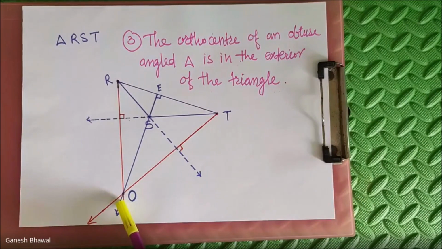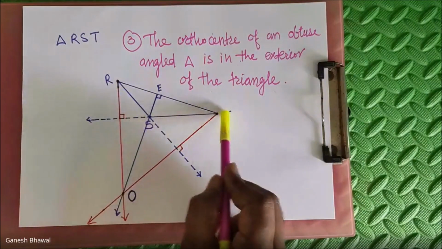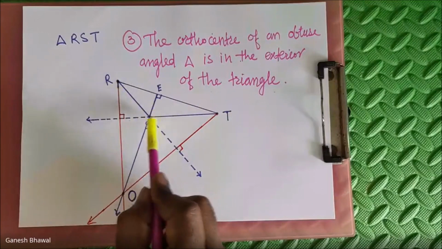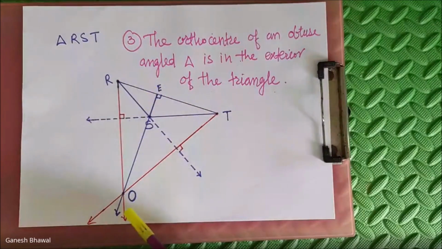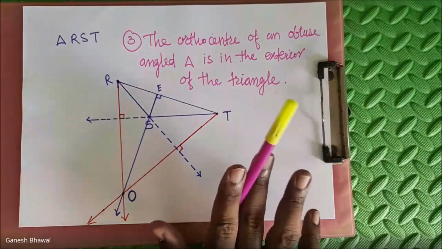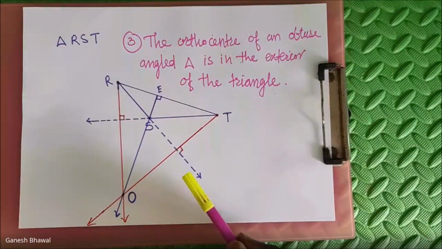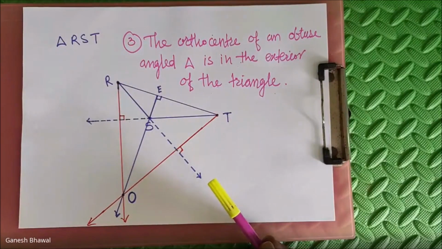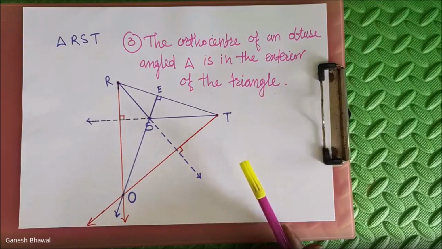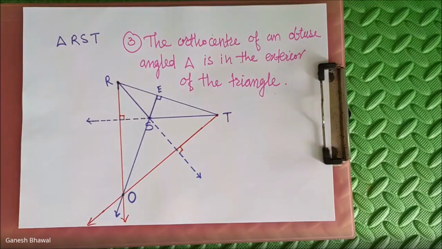The triangle is only this much, triangle RST. The orthocenter is outside. For an acute angle triangle, it is inside, therefore it is called interior. For a right angle triangle, it is on the vertex of the right angle. These three points are very important and you should understand them properly.